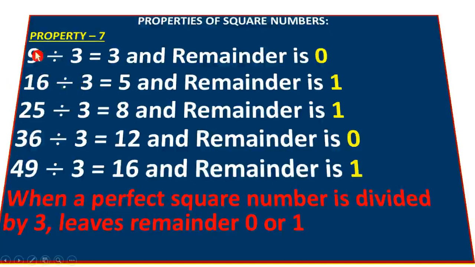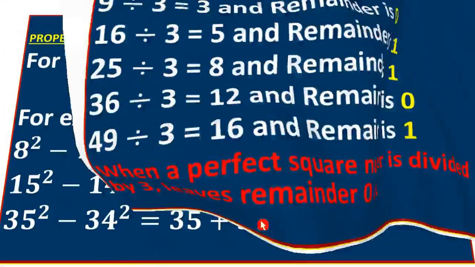Any perfect square number, 9, 16, 25, 36, 49, if you divide by 3, then the remainder always comes either 0 or 1. So when a perfect square number is divided by 3, it leaves remainder 0 or 1.